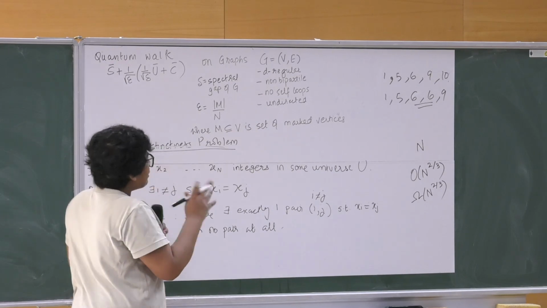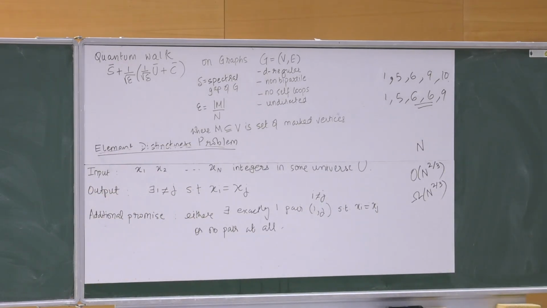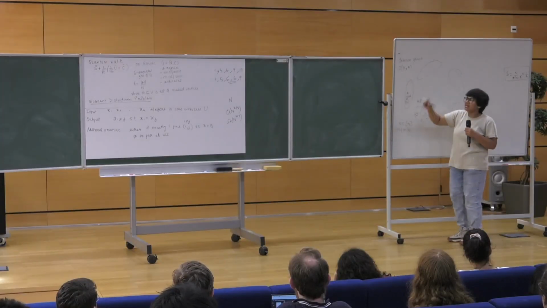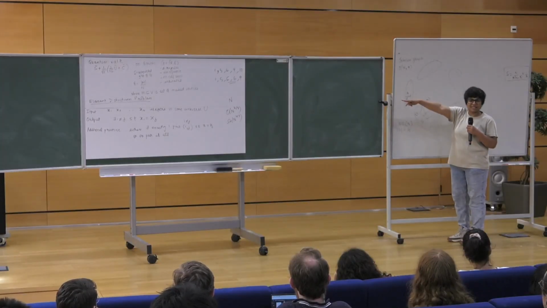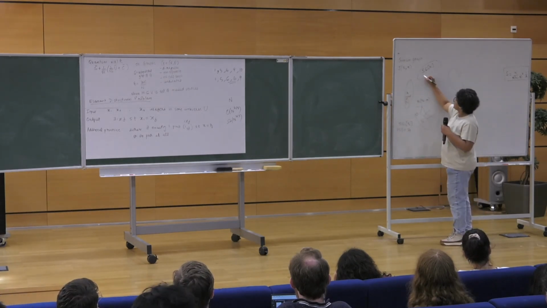Now imagine I construct a Johnson graph on these inputs that are given to me. I have my input x1 up to xn, but I'm going to construct a Johnson graph where every vertex stores a subset of my elements from x1 up to xn. So my subset will be a subset S of n, of size r.